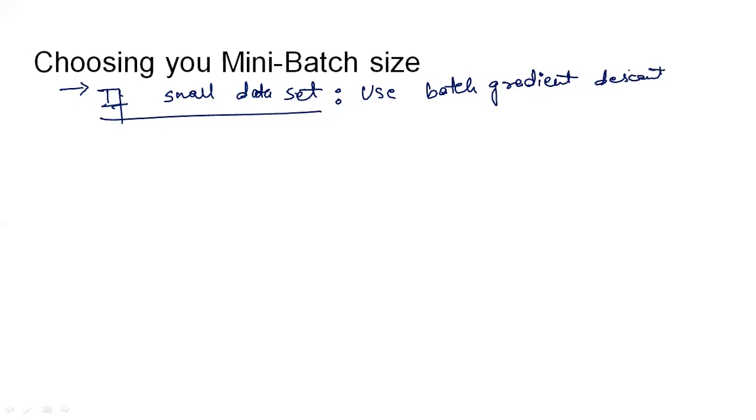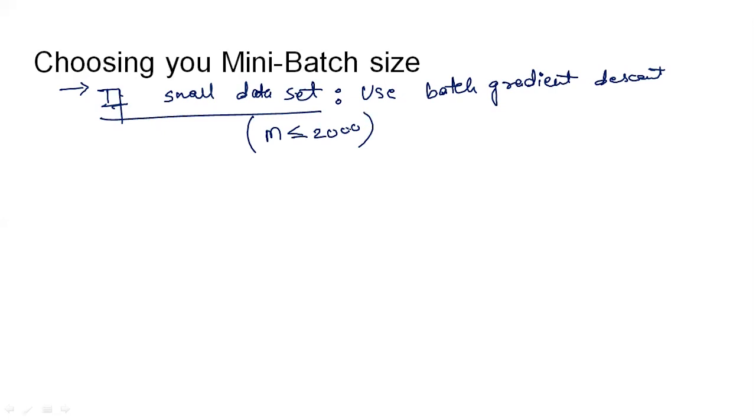And you may ask what exactly do you mean by a small data set? An approximation can be that if you have the number of training examples less than or equal to approximately 2000 or 3000, then you can say that it is a comparatively small data set in terms of deep learning.